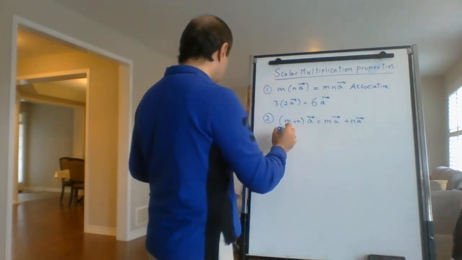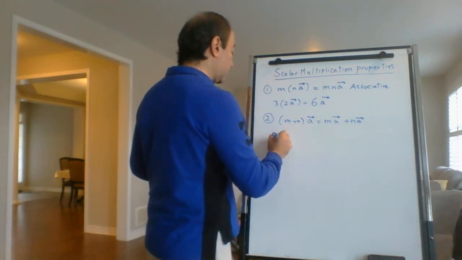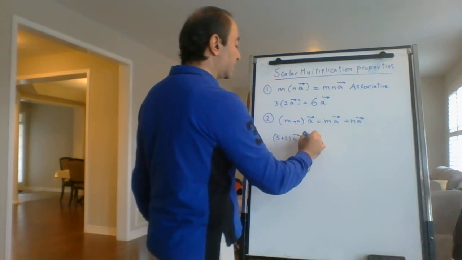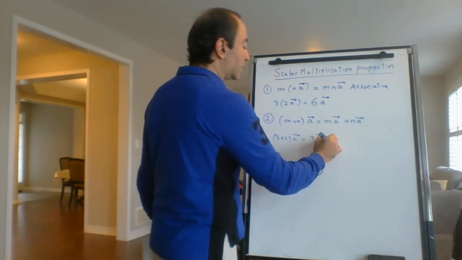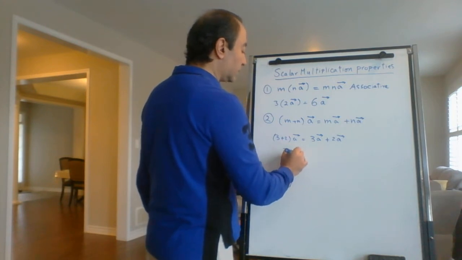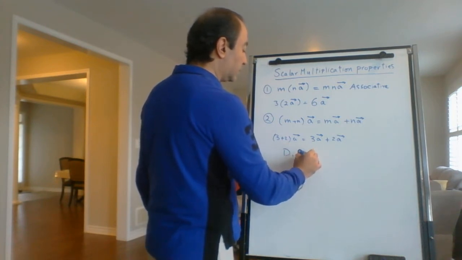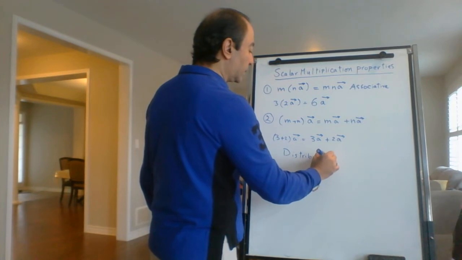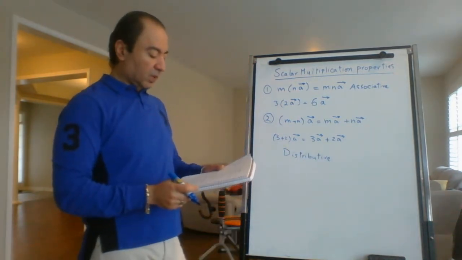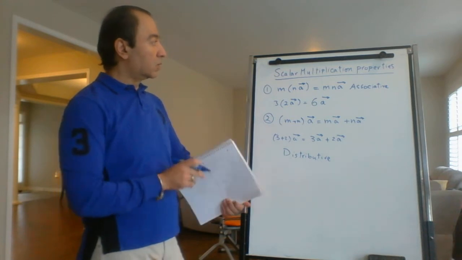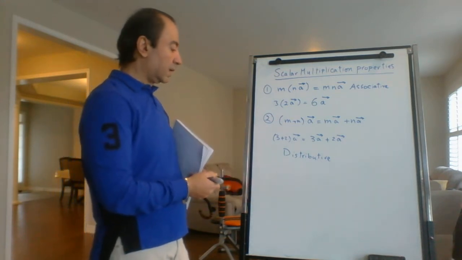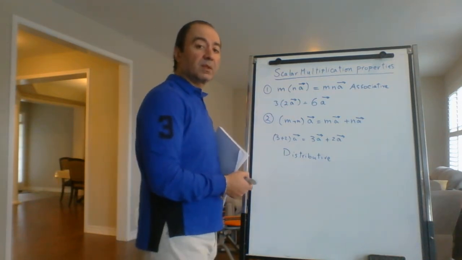So if I have 3 plus 2 times vector a, this is the same thing as 3 times vector a plus 2 times vector a, and this is called the distributive property. Okay, so those are the two properties I want you to know in here. Now I'm going to give you some examples.